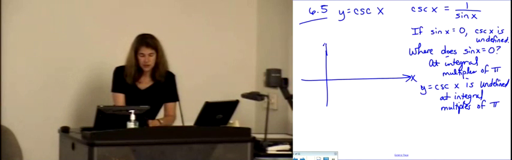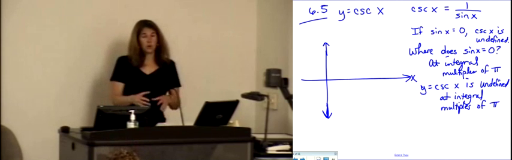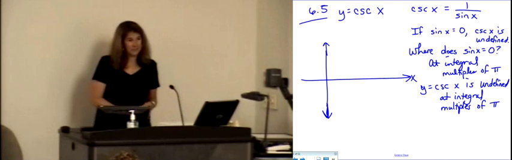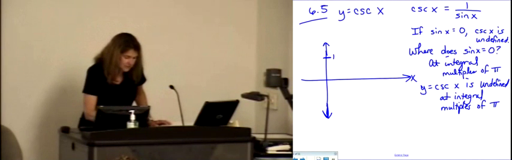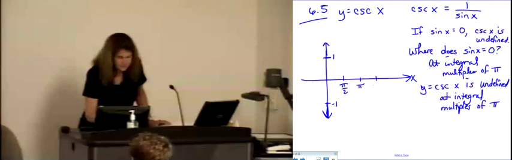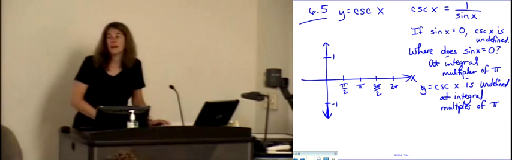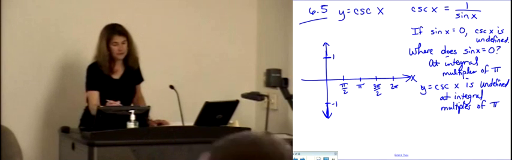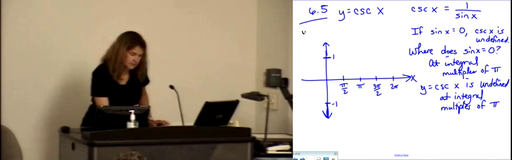Here's how we sketch a graph of cosecant. To sketch a cosecant graph, you first draw the corresponding sine graph. That sounds a little strange, but first we're going to sketch up what we know, the sine graph. Sine goes from -1 to 1. I've already put a graph of sine up here before, but let's illustrate it here. I'm marking off those same values that we plotted at the end of Tuesday's class. We're going to draw in the sine graph here. So y equals sine x will be in black ink.